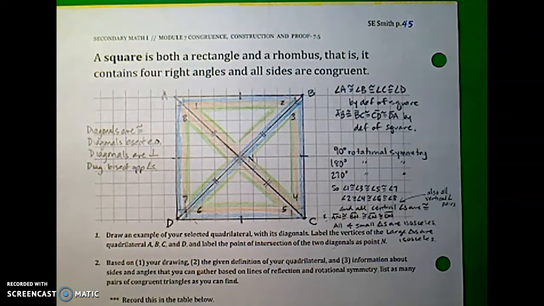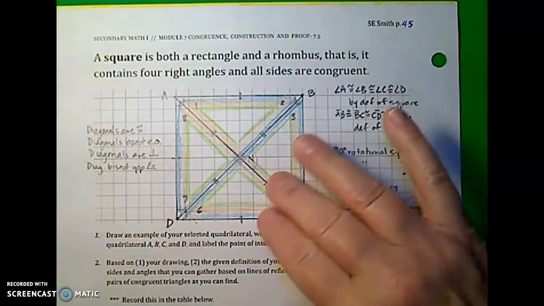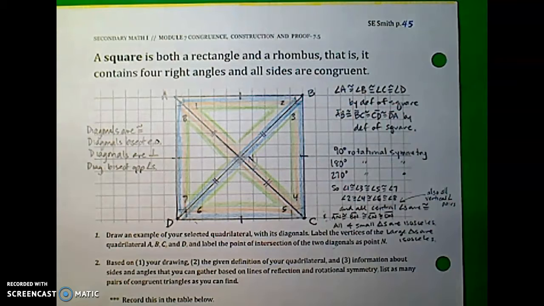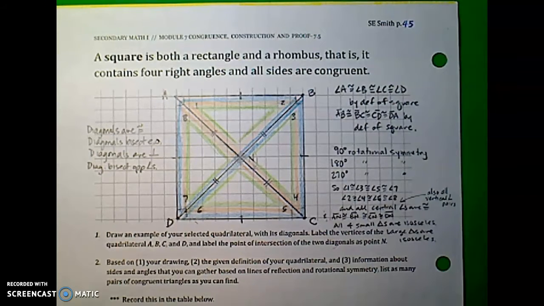When we get into Module 8, we're going to work more with the properties of quadrilaterals, and hopefully you have a very solid understanding of how special these quadrilaterals are and the symmetries that help make them special and create these right triangles.